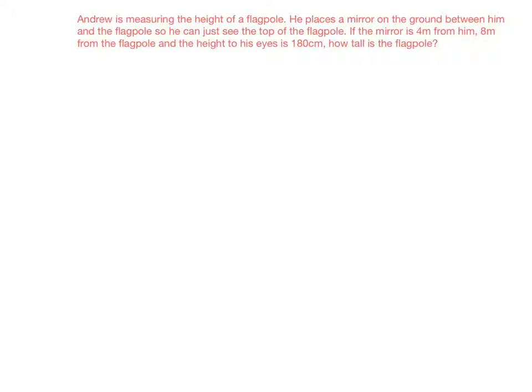Now, people actually do use this method to measure the height of things. So what they do is they'll put a mirror here at a point between that person and whatever they're trying to measure the height of. So let's say this is the flagpole. What has to happen is you have to be able to see the top of the flagpole in the mirror.